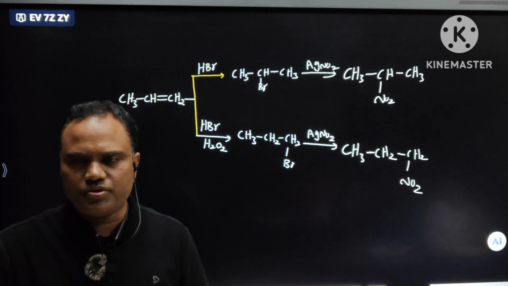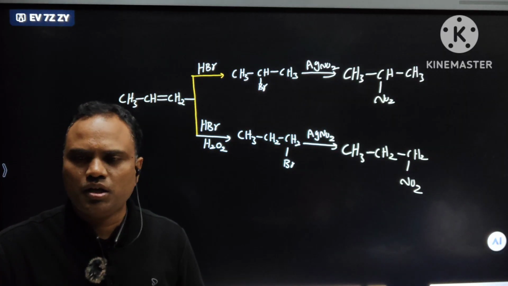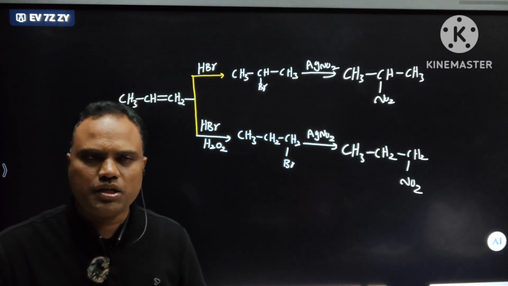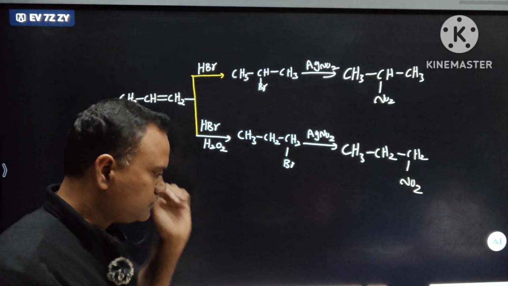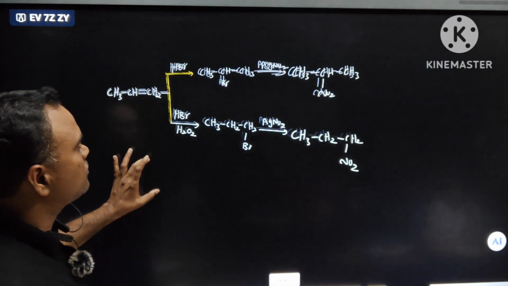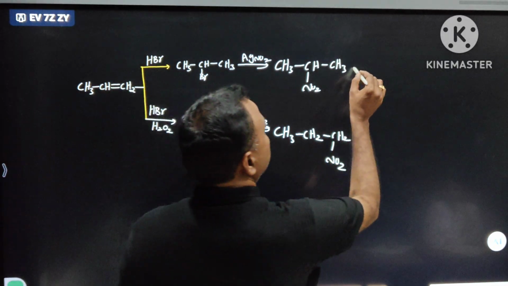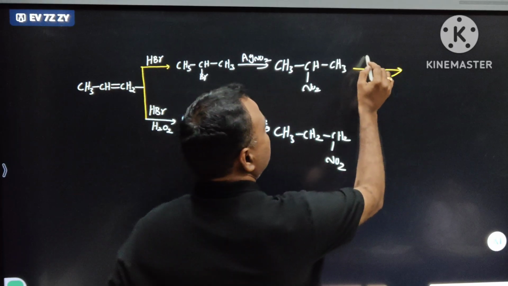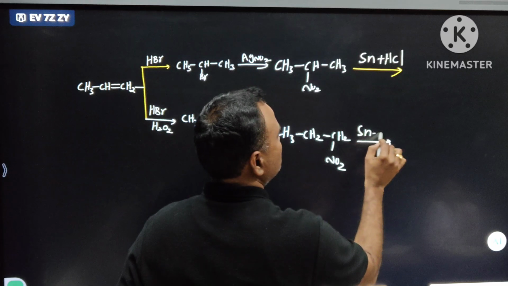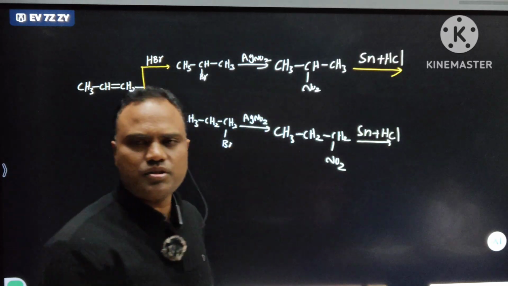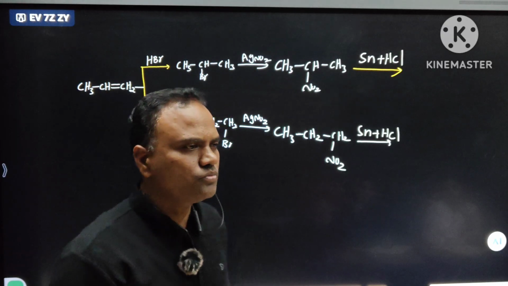Now coming to the amines preparation. How to convert NO2 to NH2? By using a reducing agent like Zn/HCl, Sn/HCl, Fe/HCl, H2 with nickel. Sn/HCl is commonly used, so I am using that. Sn plus HCl. In place of NO2, what do we write? NH2.